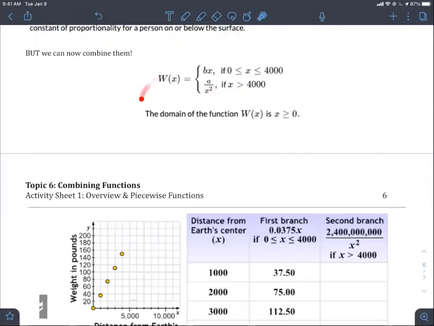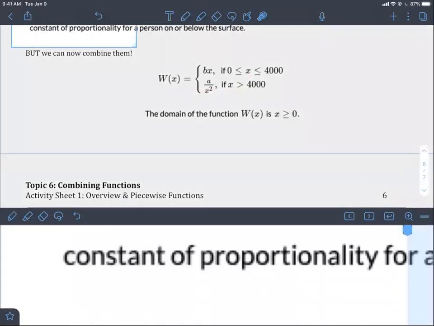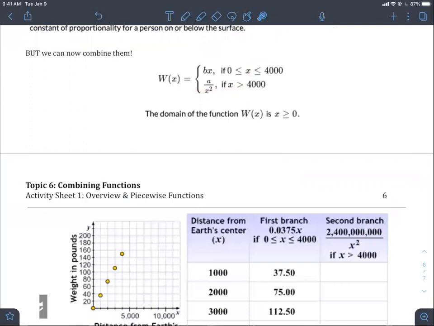Our piecewise function is divided into 2 pieces as such. Our first piece is the directly proportional portion for values of x between 0 and 4,000. And then we have the inversely proportional part for values of x greater than 4,000.